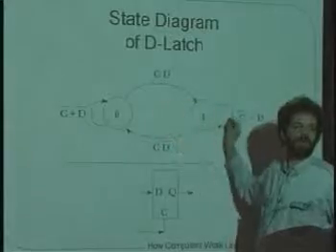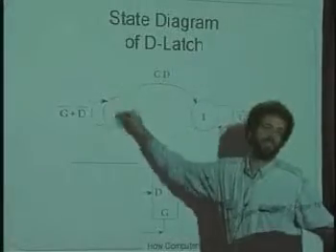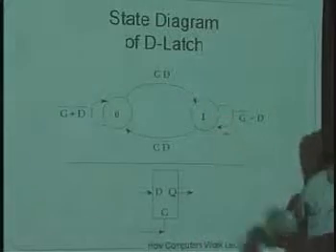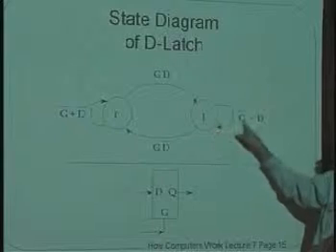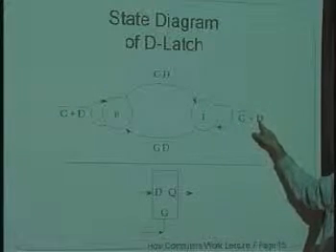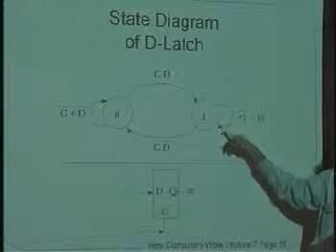Or it stays in that state, depending on the last state that it got trapped in. So it's like a ball that can shift back and forth here, and as soon as the gate drops, it gets stuck on one side or gets stuck on the other side. So this is a good way to describe the operation. And why did I have to say OR D here? Because remember, these arrows have to be exhaustive of all the possibilities.